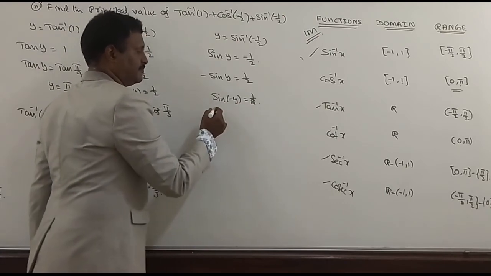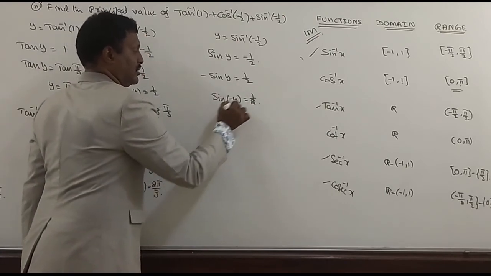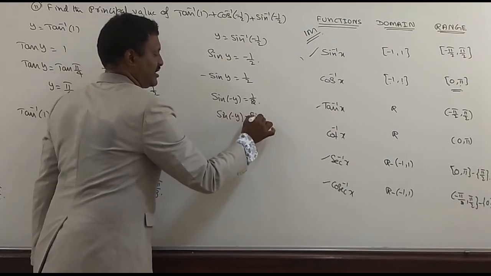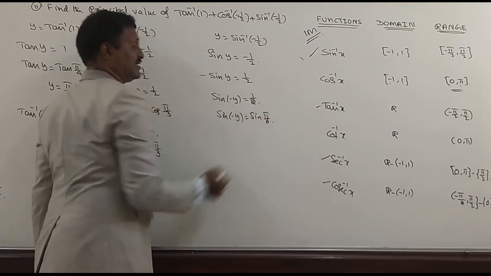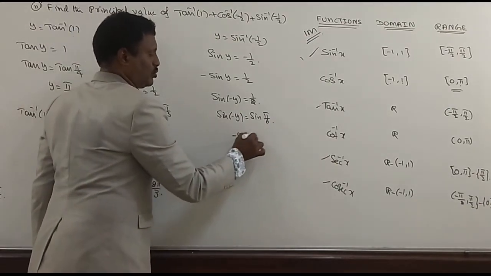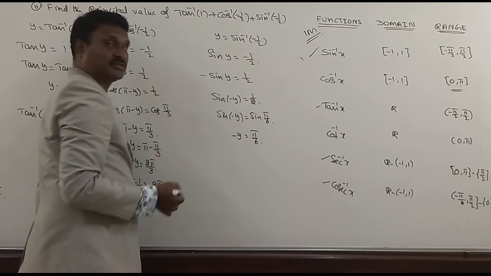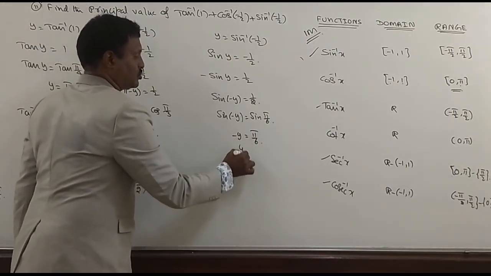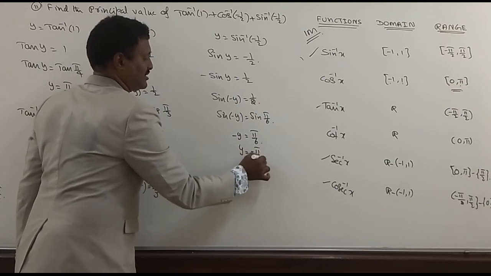Now 1 by 2 we can write using the trigonometric table as sin pi by 6, 30 degrees. Sin 30 is 1 by 2. Now minus y is equal to pi by 6. So y is equal to minus pi by 6.